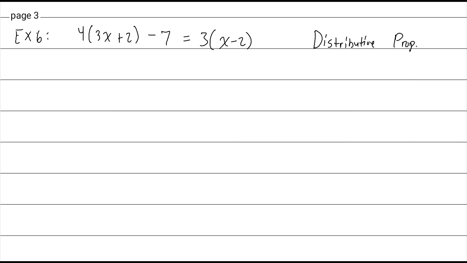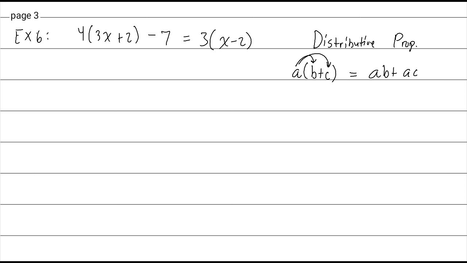Basically all that one says is if you have a, b, and c that are real numbers, then a times b plus c will equal a times b plus a times c. In other words, you take that a and you multiply it times everything in the parentheses. That's what we're going to have to do here.